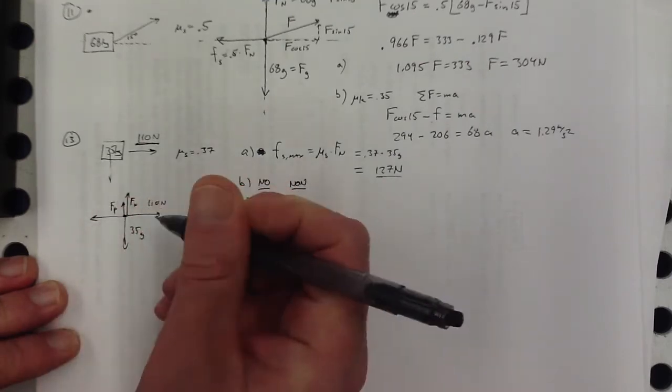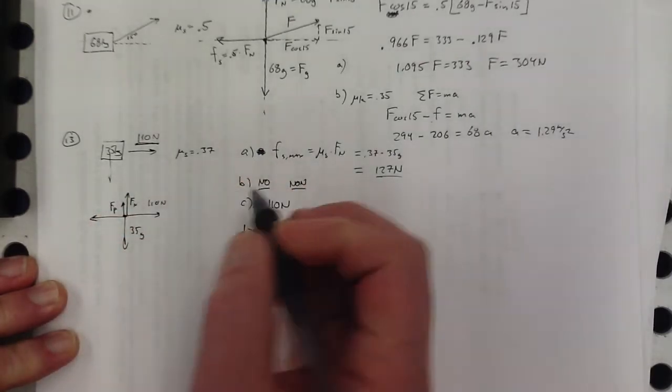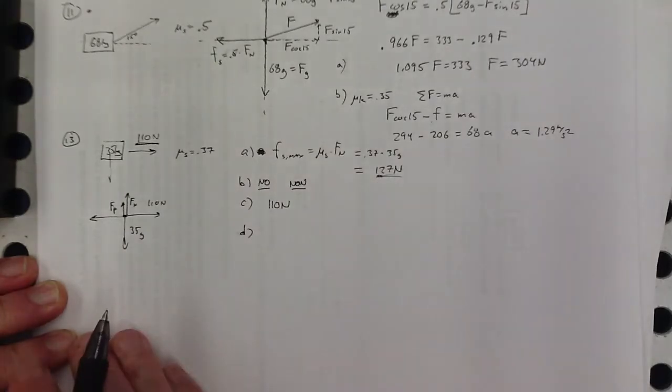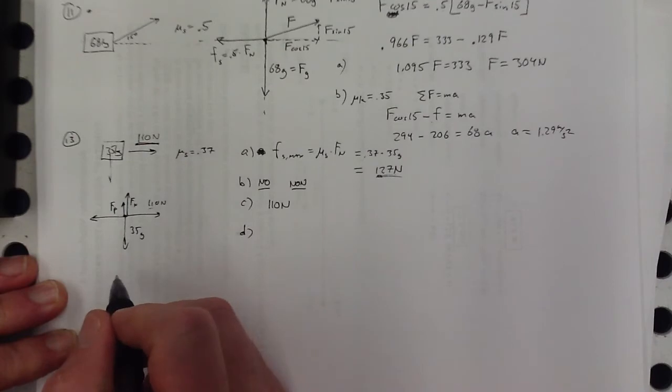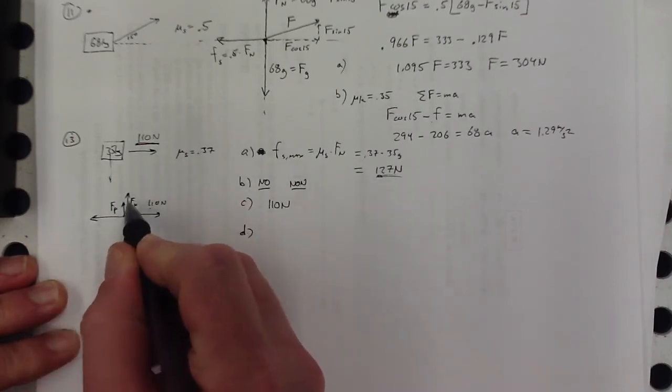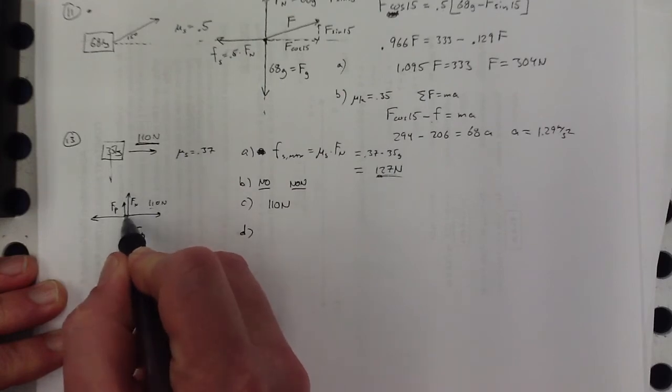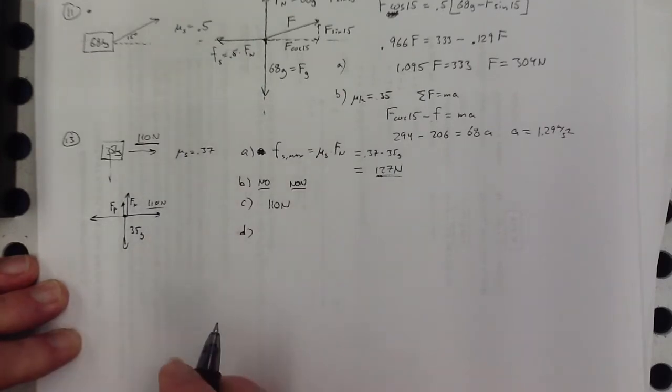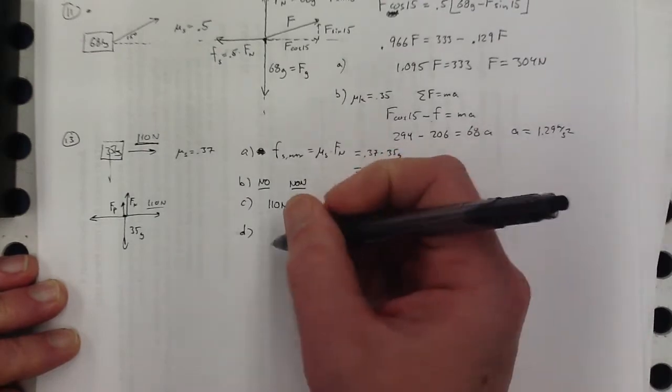I still have to get this up to 127, right, if I'm going to get it moving. So I only have 110 here. I'm going to have to reduce the normal force enough so that the 110 can get it done. So let's see.